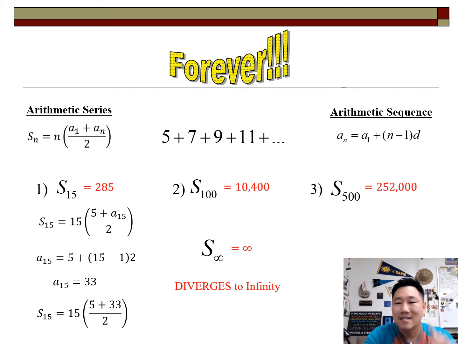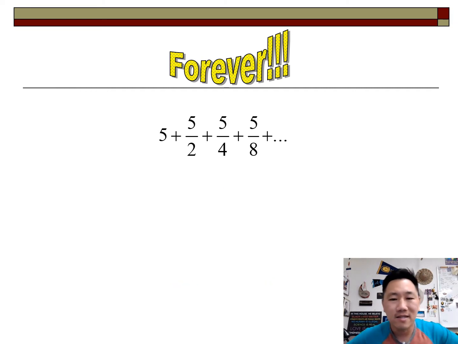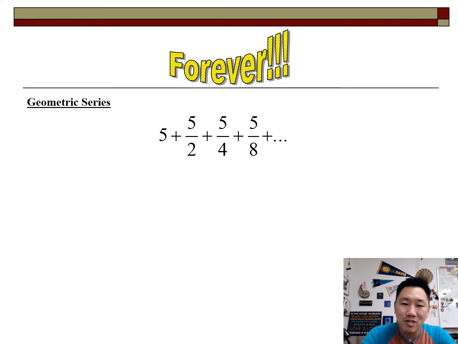All right, let's do another one just for fun. All right, let's look at this one. Let's see what's happening here. It looks like it's a geometric series. There's our geometric series formula. We know it's a geometric series because of the r, it's important.